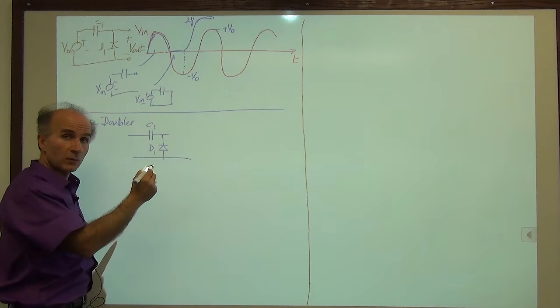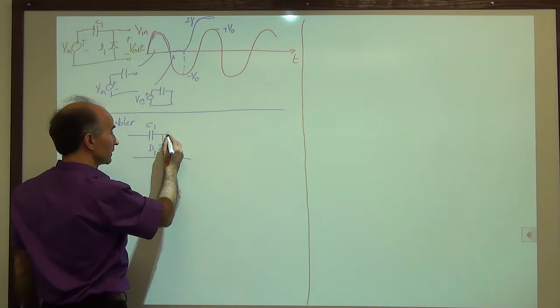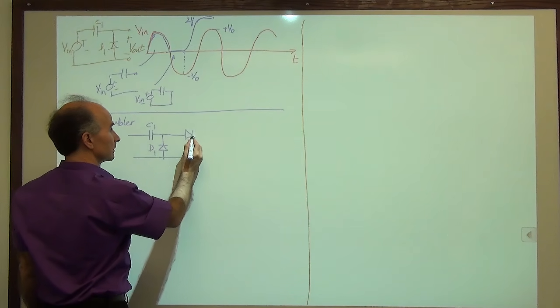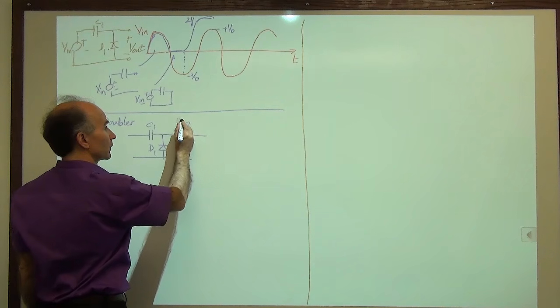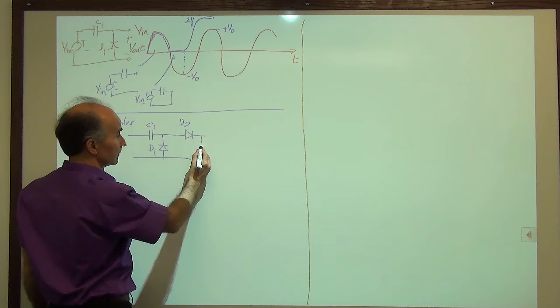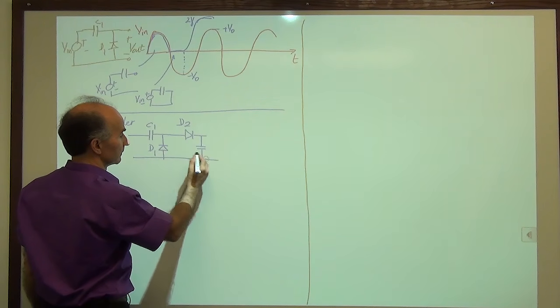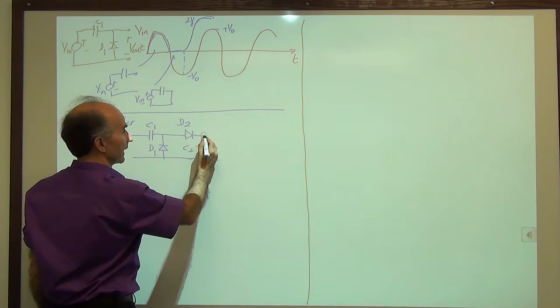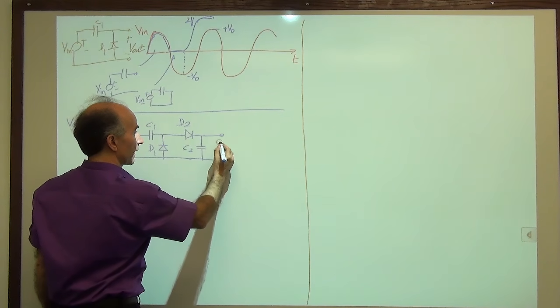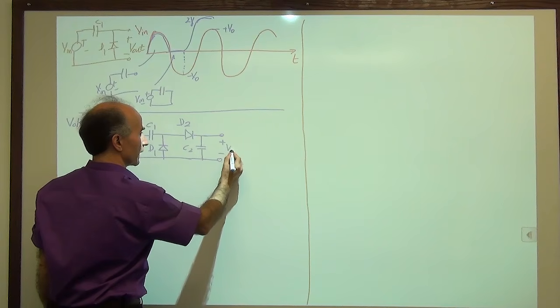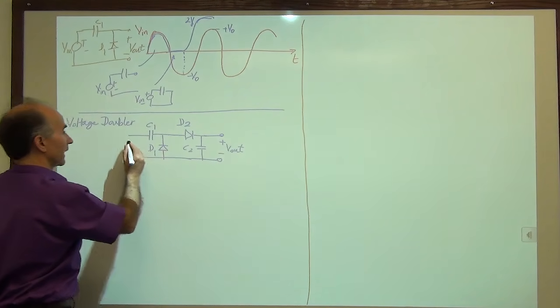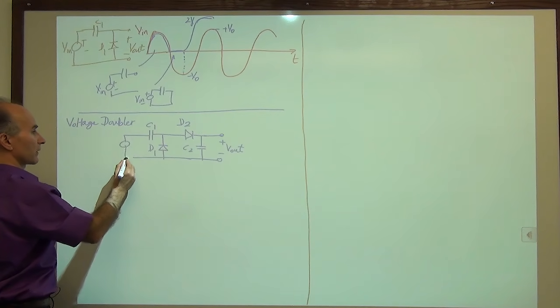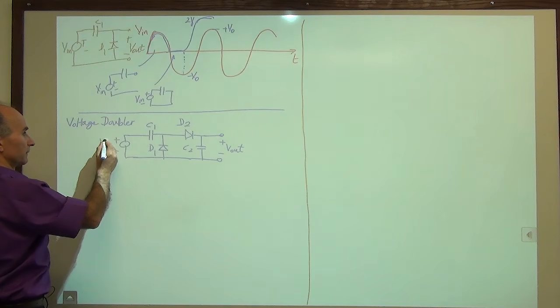Then past this, we have one more diode, D2, and one more capacitor, C2. And now we have our output voltage, Vout. And the input is again a sinusoid, Vin.